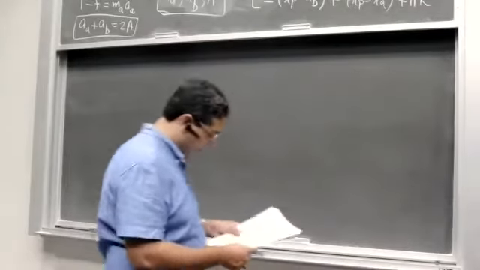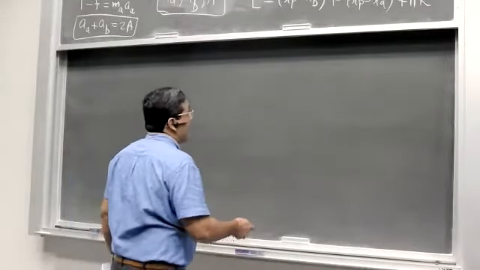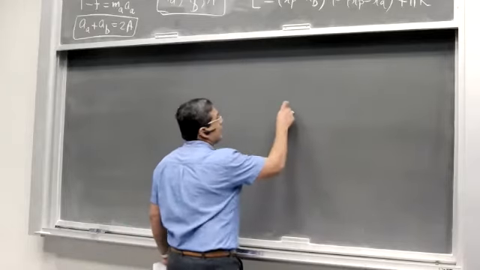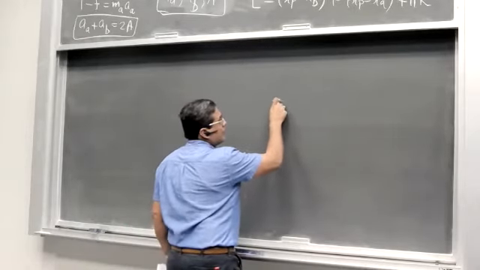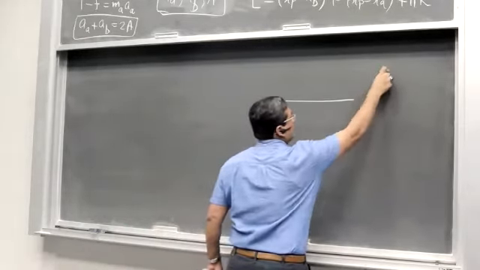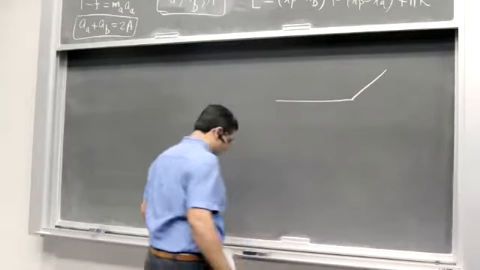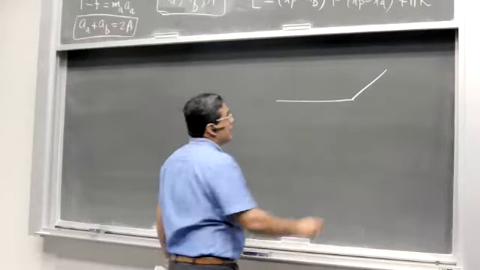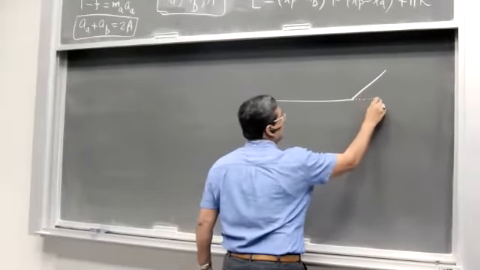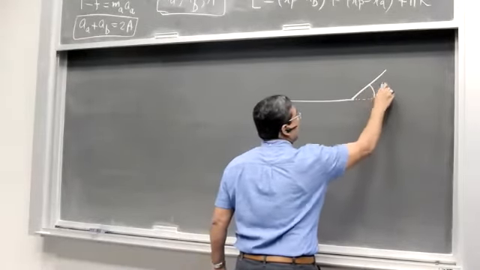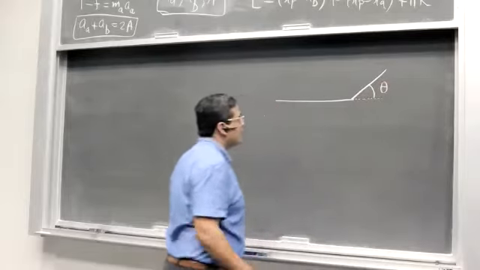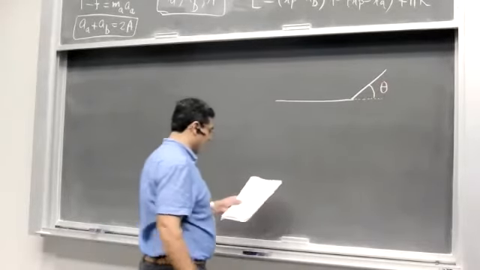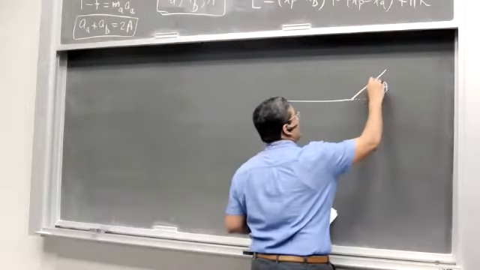So we have a car entering a turn on a road with a bank, which is elevated by angle theta. And the car is right here.